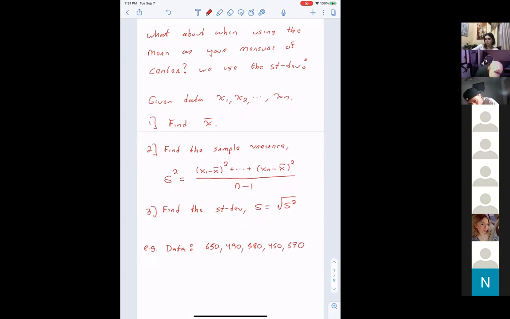Okay, so the data is 5 points, a small data set. What is the first thing that I do here? Find the mean. How do I find the mean? Add them all and divide by 5.